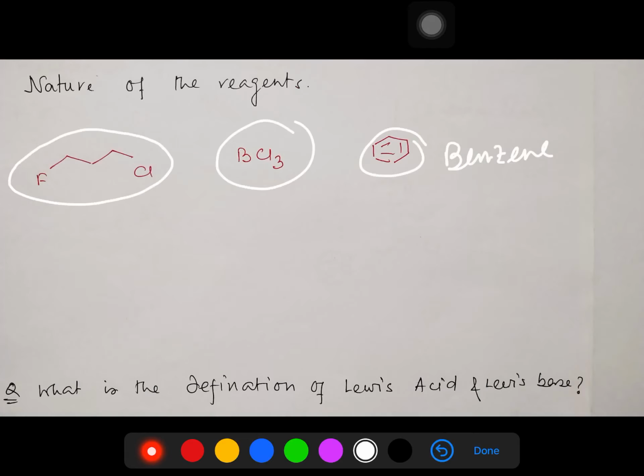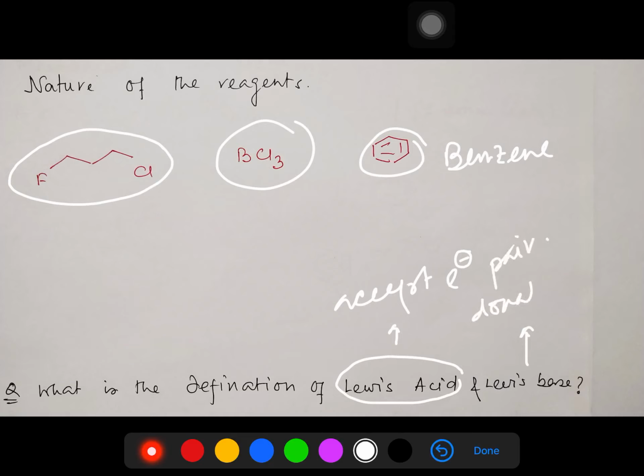Now let's discuss a little about Lewis acid. A Lewis acid is a molecule which can accept an electron pair, and a Lewis base can donate an electron pair.